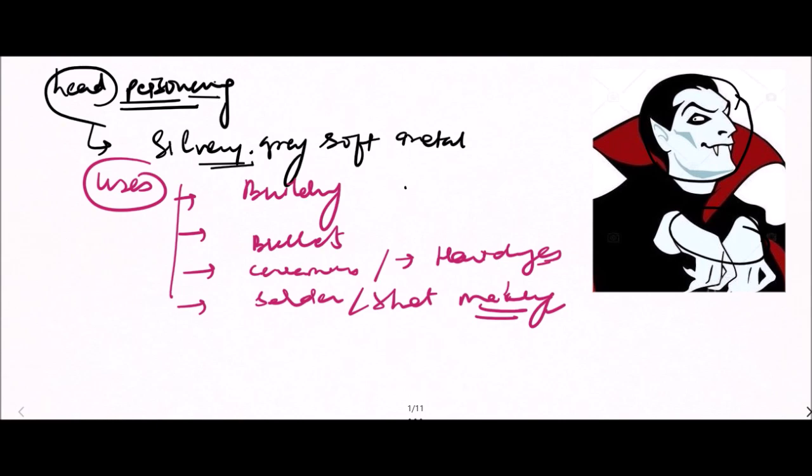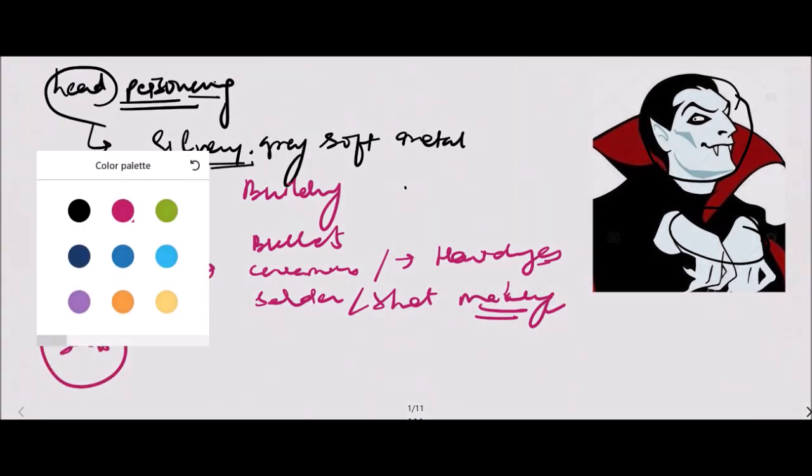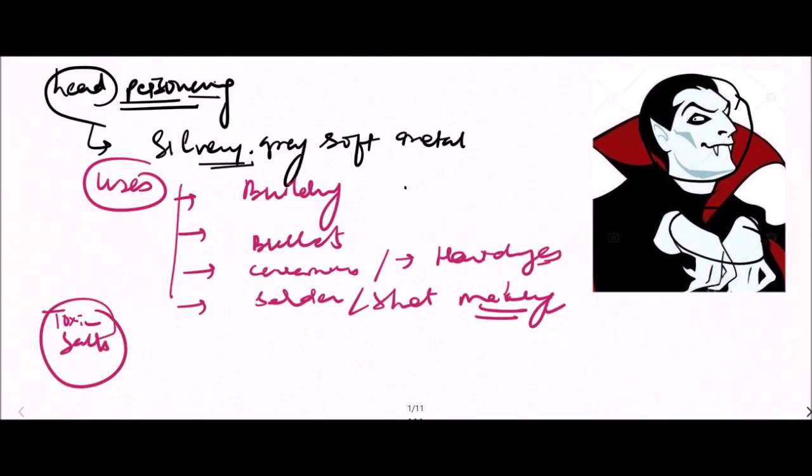Now the various toxic salts of lead. The common toxic salts of lead are, first, lead acetate. Lead acetate is sweet in taste, so it is also known as sugar of lead.